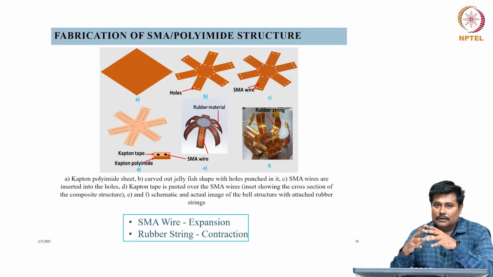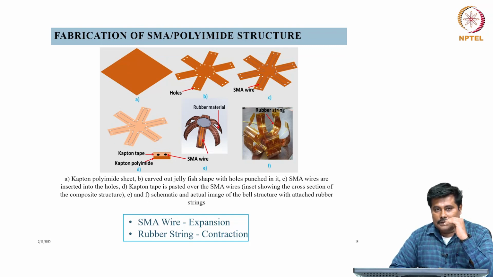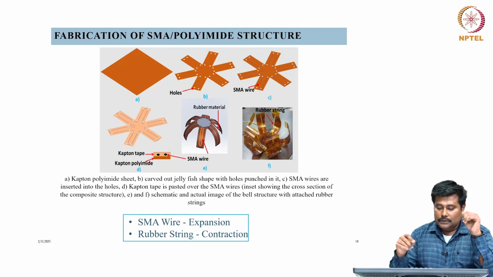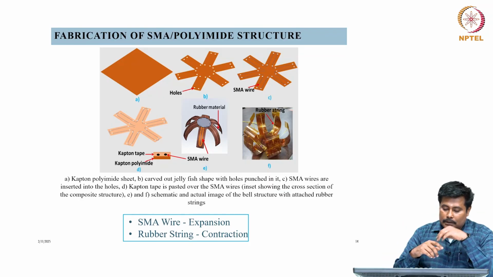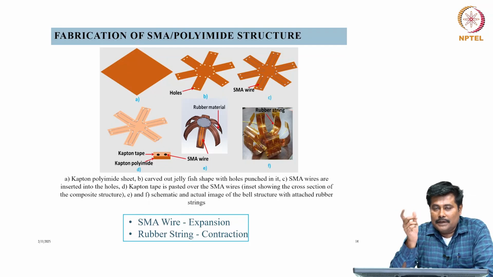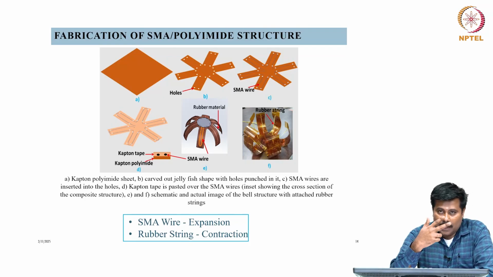In order to fabricate this jellyfish kind of structure, we used a small Kapton polyimide. In this Kapton polyimide, we have integrated a shape memory alloy structure, so that we actuate the shape memory alloy in such a way that there is actuation and deactuation, which results in a bending in this particular system.